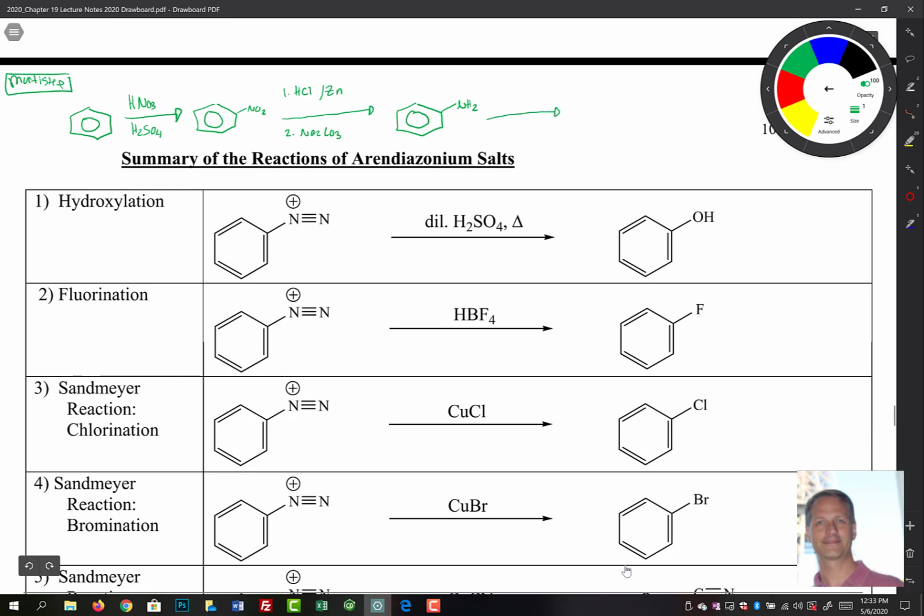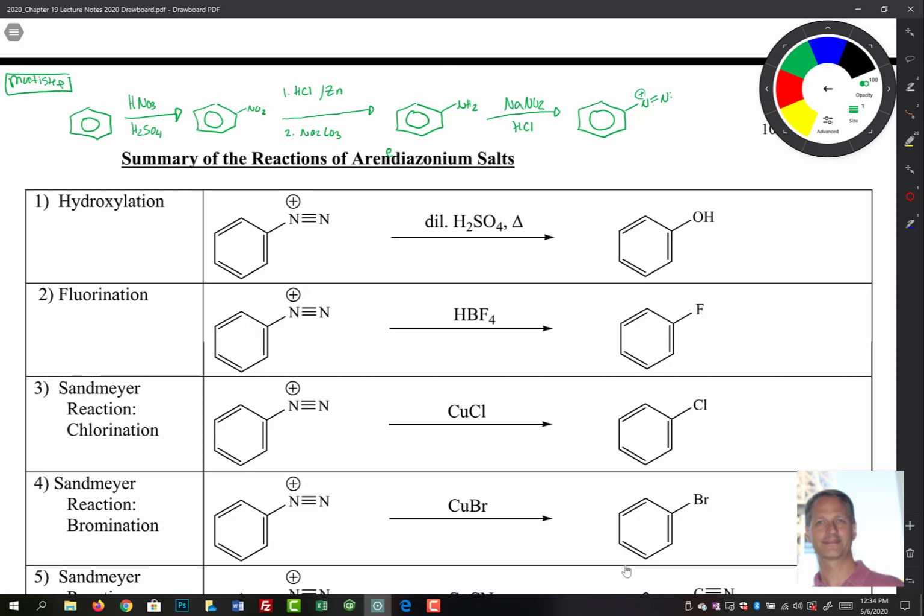And then what we can do here is now we can add NaNO2 and HCl, and then that makes that molecule. And this is called an arene diazonium salt. So an arene, there's an E missing on that.